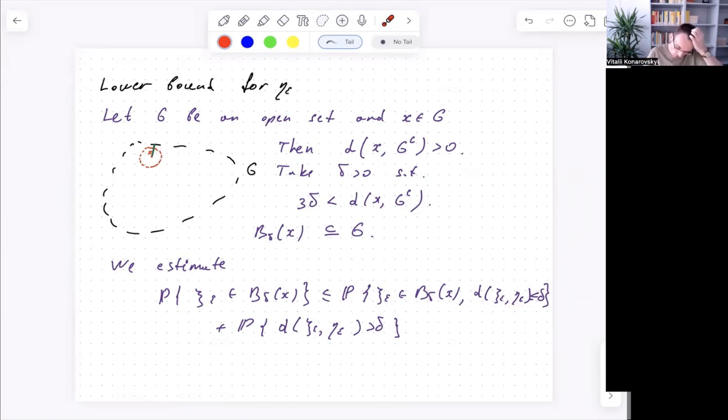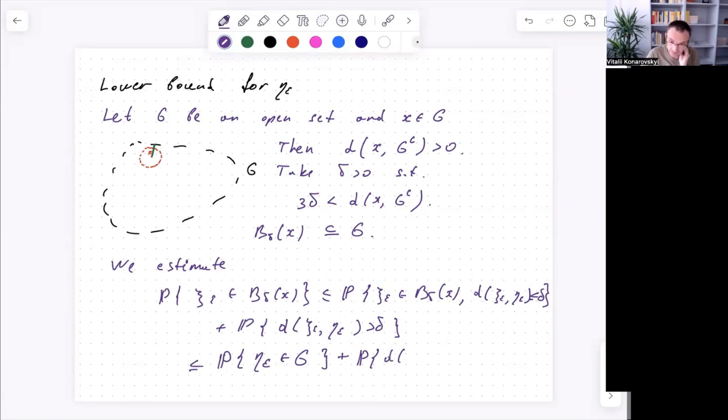But the ball of radius 2 delta also belongs to the set G. Therefore, eta epsilon must belong to the set G. So it is the probability that eta epsilon belongs to G, plus the probability that the distance between psi epsilon and eta epsilon is larger than delta.